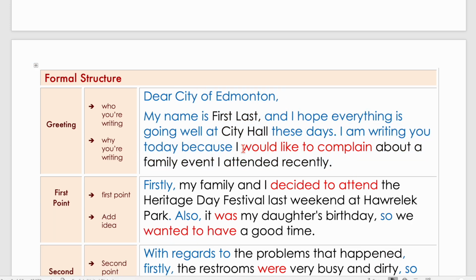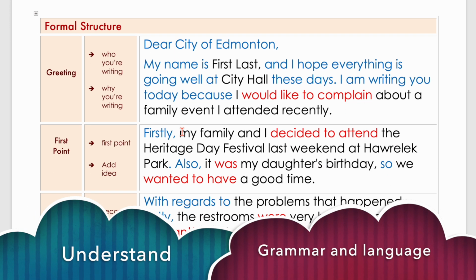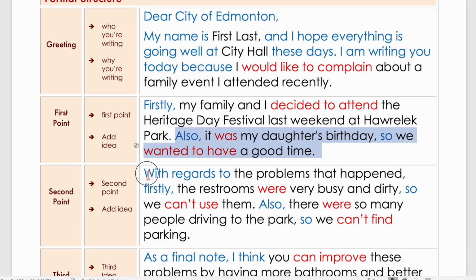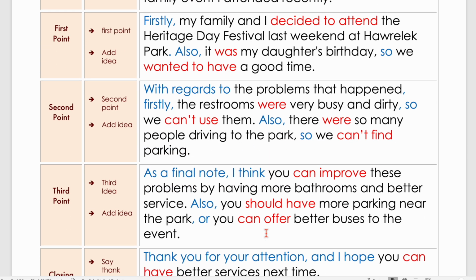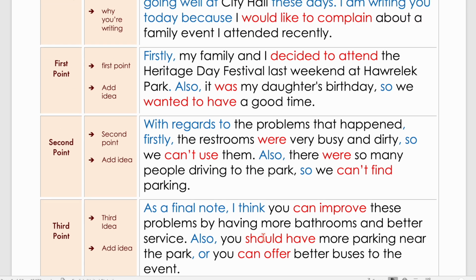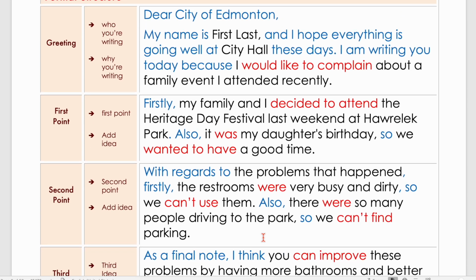Let's understand the grammar, okay? The first point, structure, ideas, grammar, vocabulary. Read and understand. Okay, that's the first thing that we can do. Opening and closing. So let's read and understand clearly.